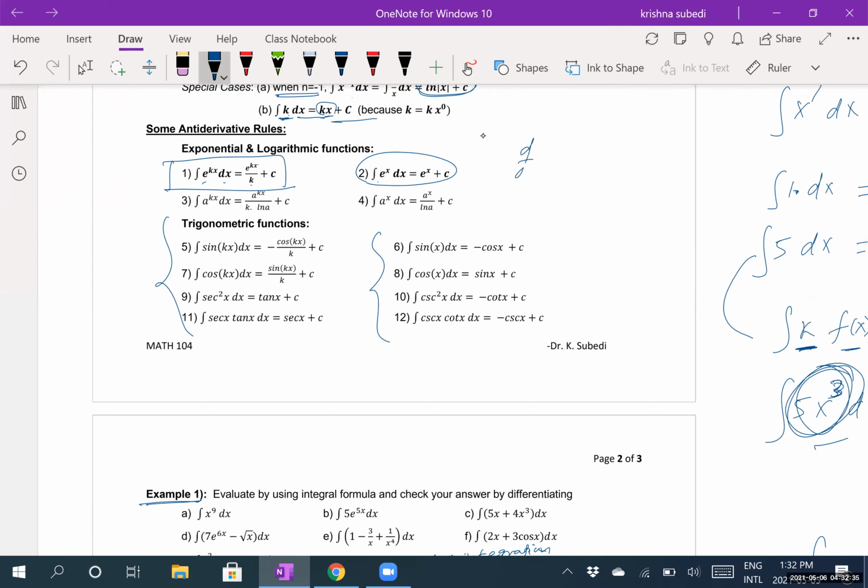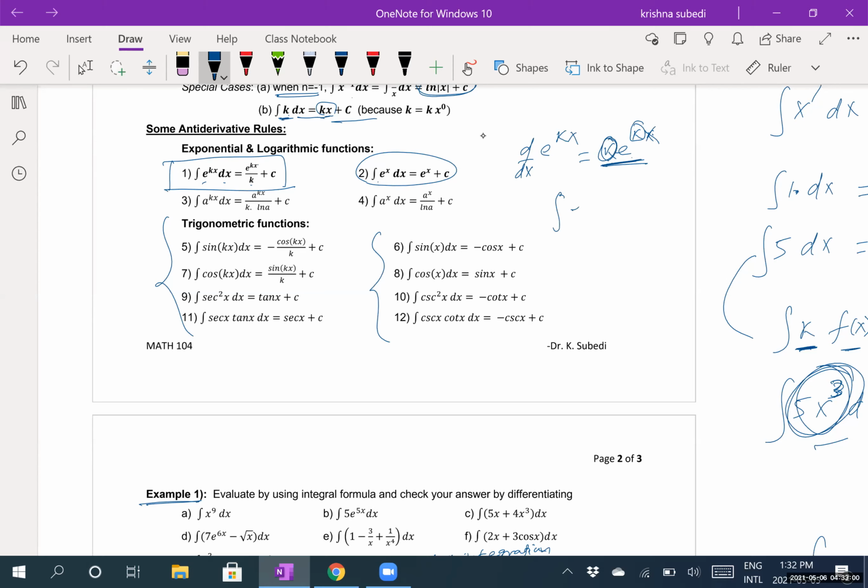In derivative, for e power kx, the derivative will be, we copy the same thing and then you'll have k there. So this is the derivative. That means this coefficient of x will be a multiplication for that function, right? In case of derivative. But in case of integration, which is the opposite, antiderivative, the multiplication will change into division.